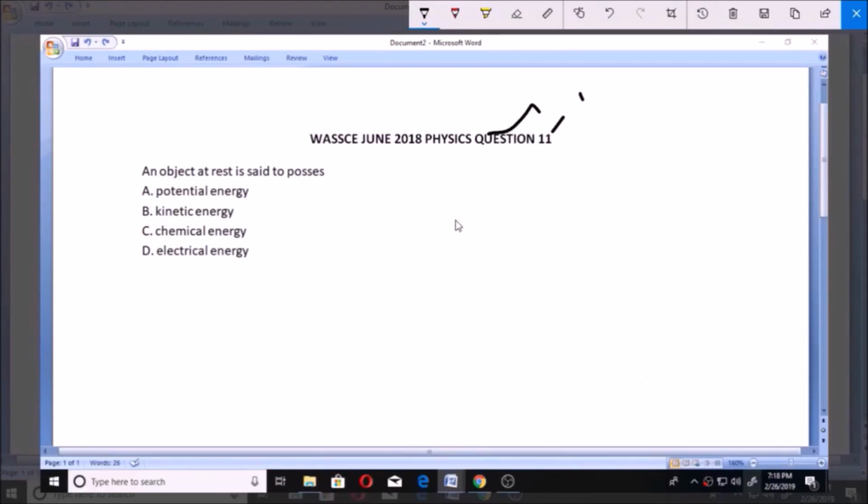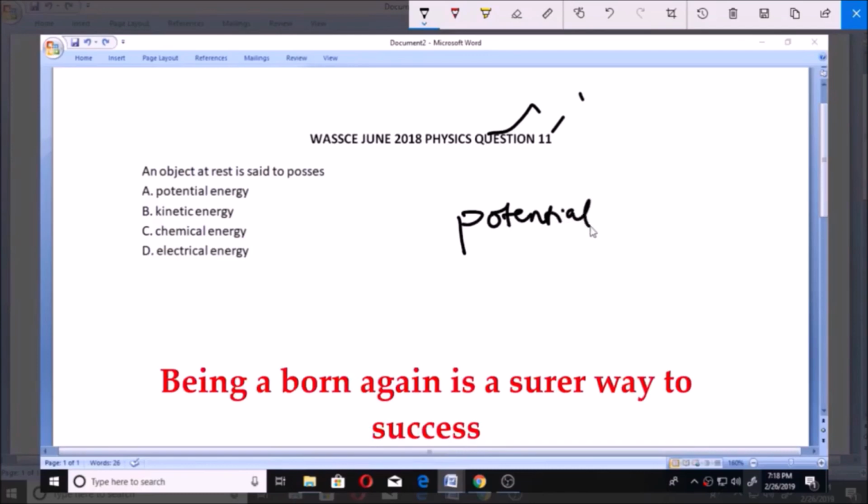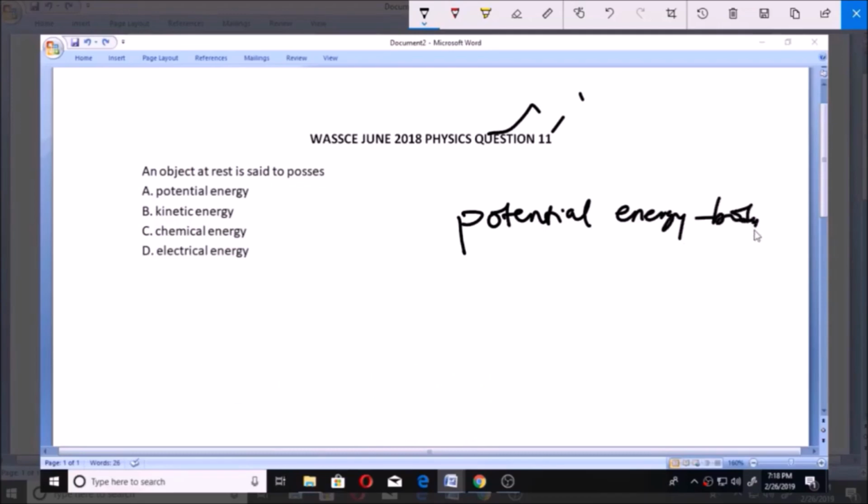We all know that whenever a body is at rest, the type of energy possessed is potential energy. That is body at rest. We all know that. And this is energy due to your position at rest in a particular place.